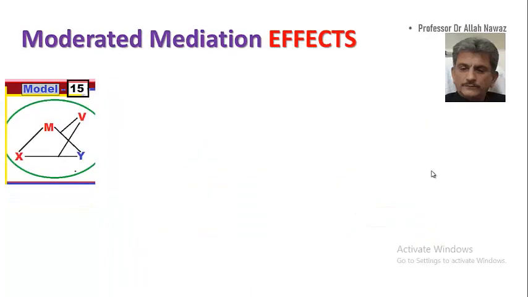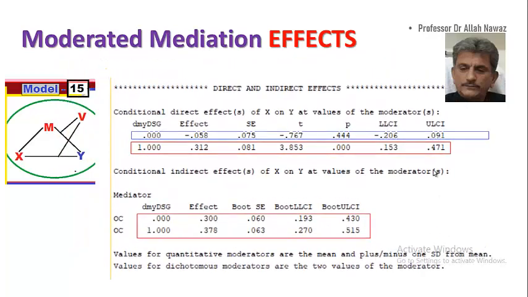The final output of the process model is direct and indirect effects of X on Y. Conditional direct effects on path A with moderator operating are coming in two forms.